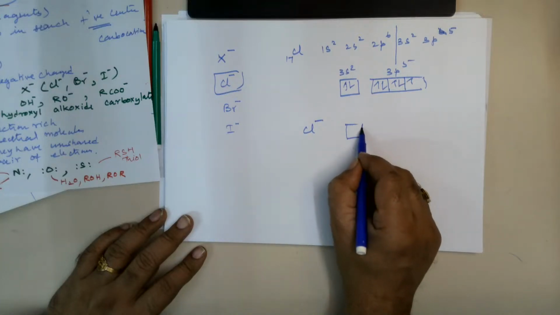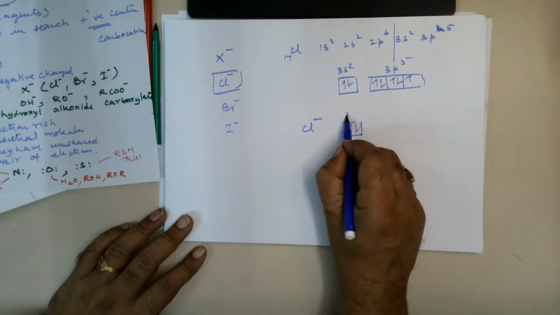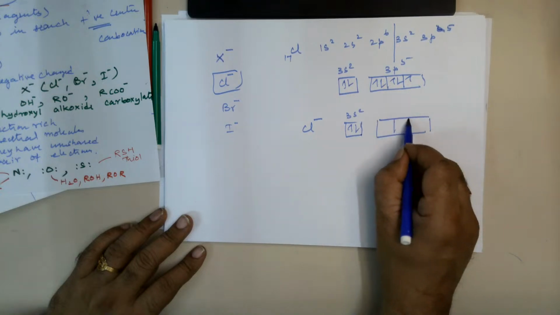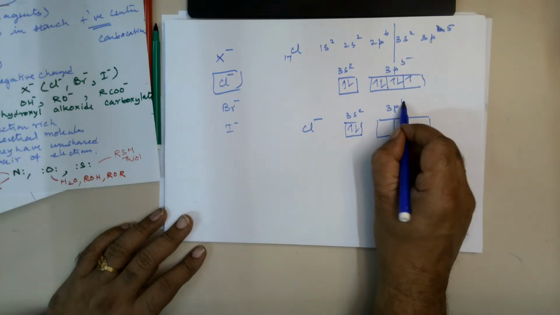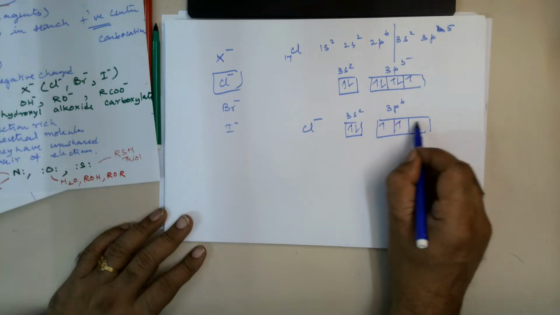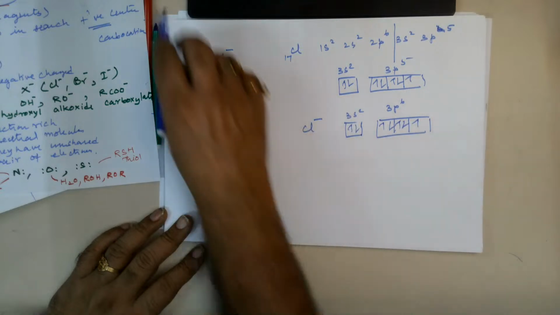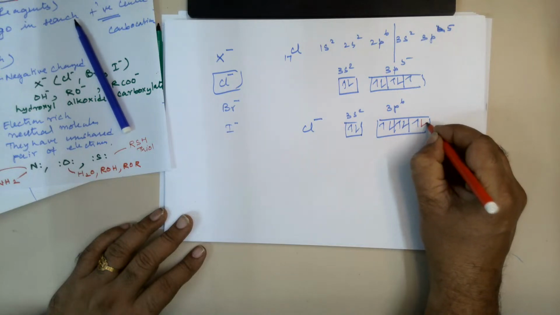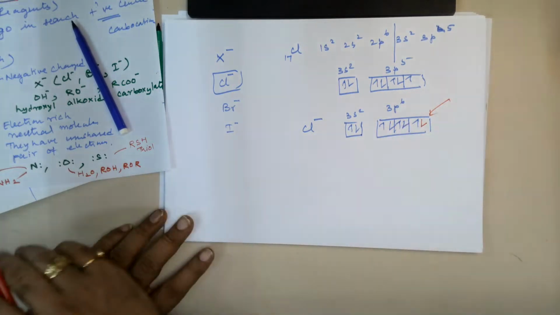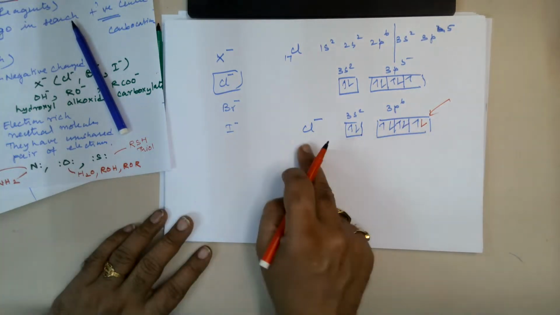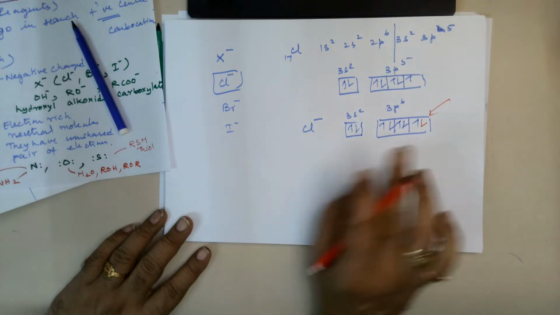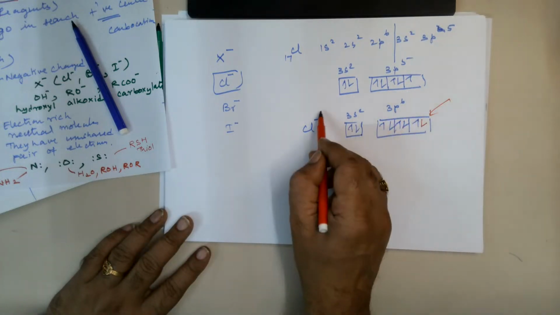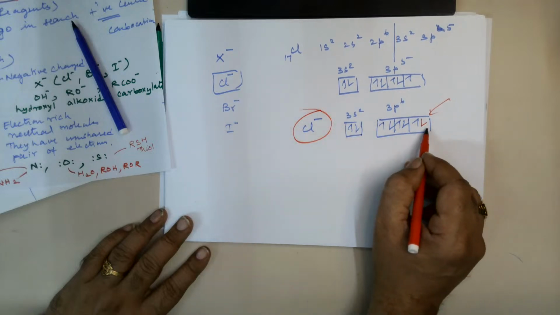Now it becomes what? 3s2 and then 3p6. How do they attain 3p6? 1, 2, 3, 4, 5, then probably it would have withdrawn some electron from another reagent. Okay. And that is why it becomes Cl minus. So now it is enriched, it has got one more electron.